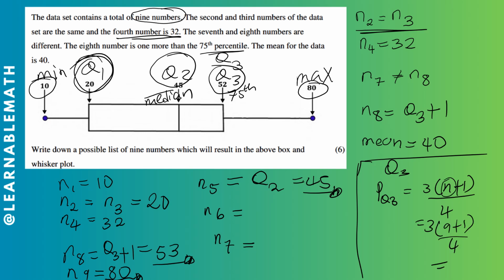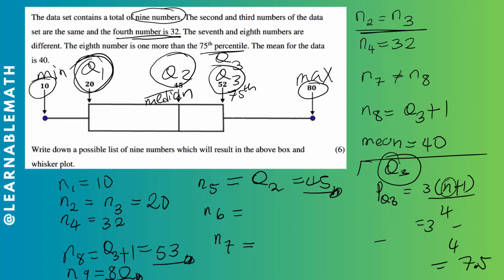I'm looking for the position to check which numbers are actually forming the third quartile, which is 52. So I'm getting 7.5. It means that Q3, our third quartile, is formed by number 7 and number 8, the following one.